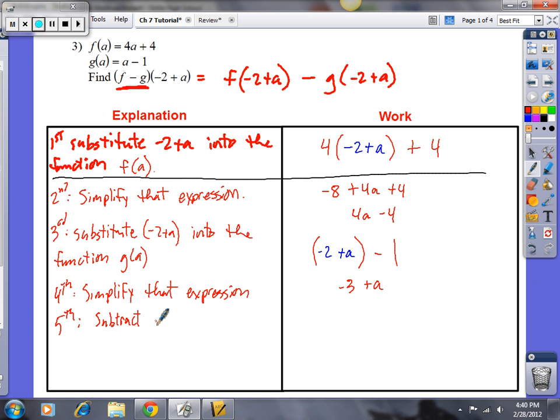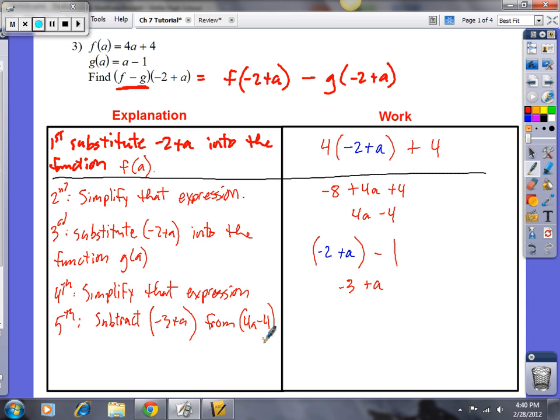You're going to subtract g from f. So you're going to subtract what we got for our g, which was this right here, a negative 3 plus a, from what we got out of our function f, which was 4a minus 4.